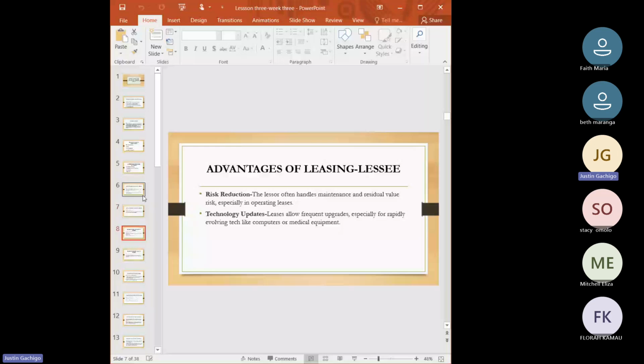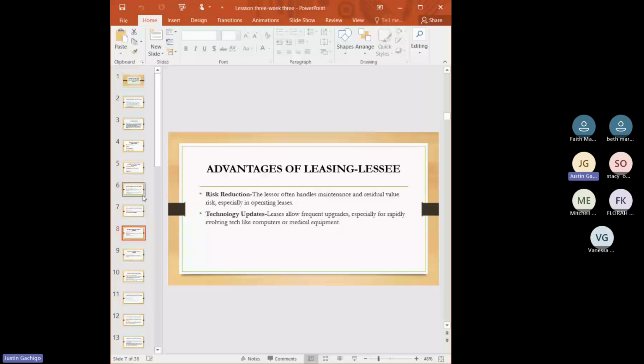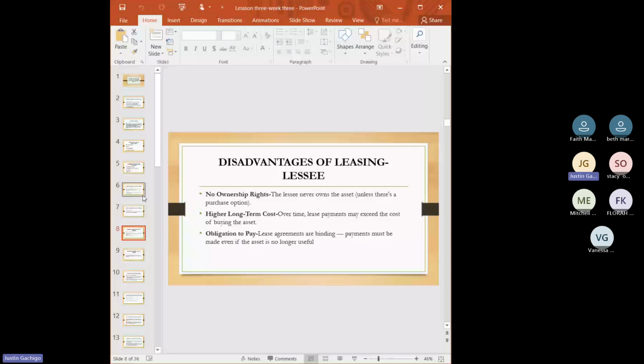Now, we also have the disadvantages of leasing to the lessee, and the first one is no ownership right. So the lessee never owns the asset, unlike where there is a purchase option. Even if, for example, you stay in that one house unit or two house unit or whichever the capacity of the unit that you have, you never own it.